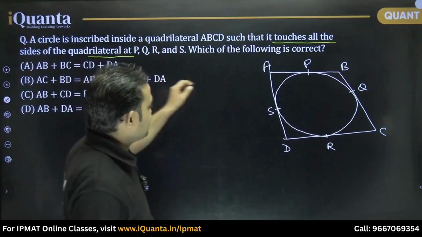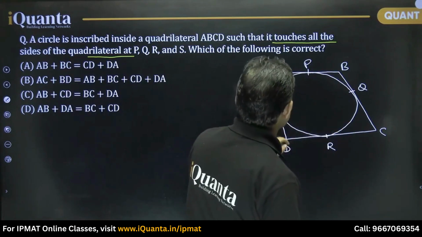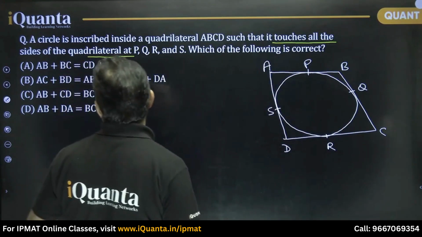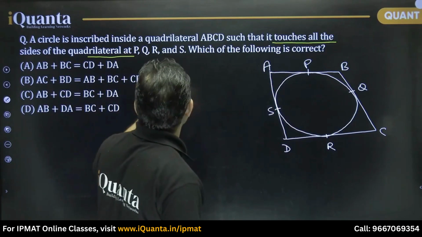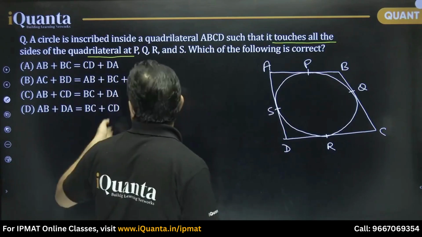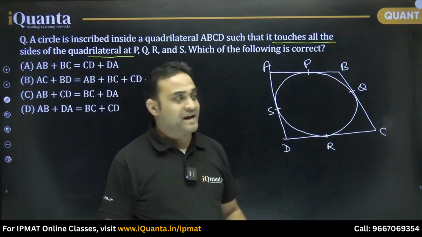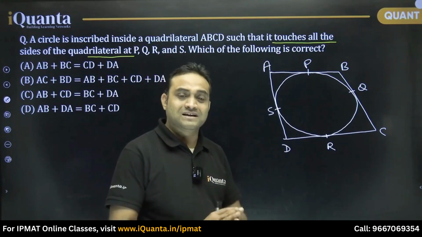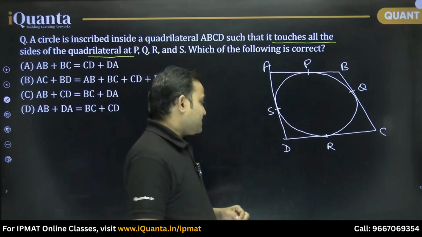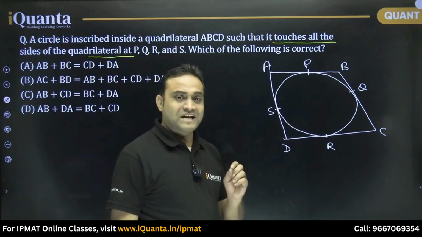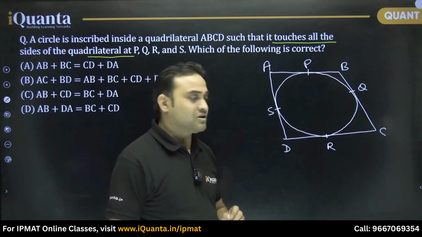AB plus BC is equal to CD plus AD, or AC plus BD is equal to AB plus BC plus CD plus DA, or whichever of these are correct. So the first thing that comes to my mind whenever I see a circle inscribed in a random quadrilateral is that tangents drawn from a point to the same circle are always equal.